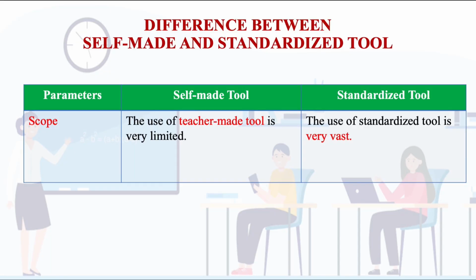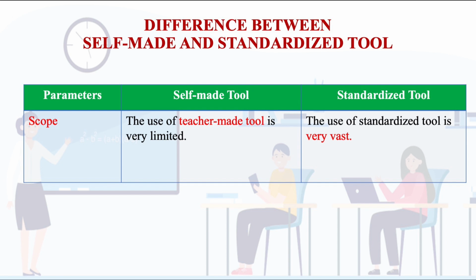Let us go forward. So far as the parameter of scope is concerned, we can say that for the self-made or teacher-made tool, the scope is very limited, because it is useful only for this specific purpose, only for the particular class.